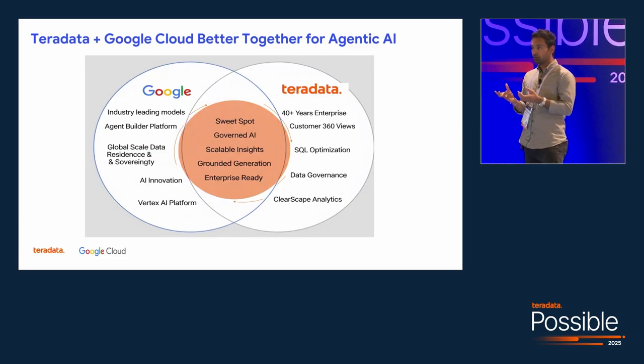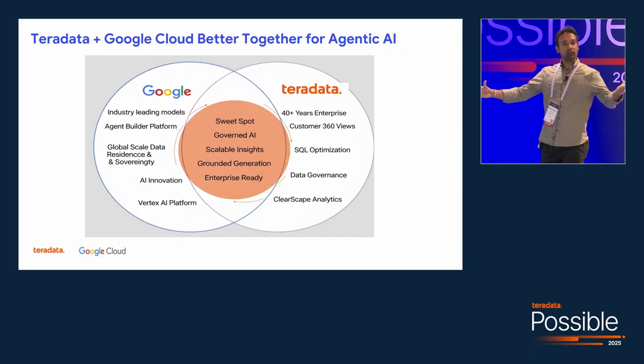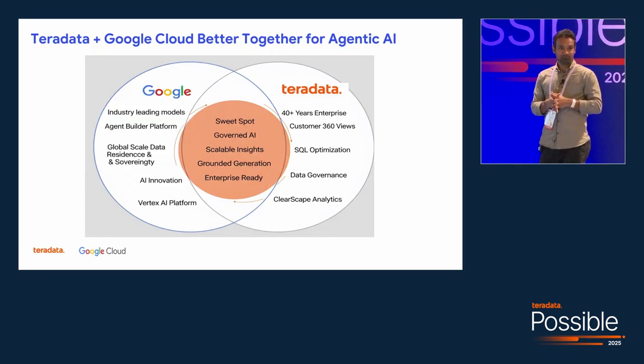That's the moat. And we are not just talking about one persona, but how we do this at scale across your enterprise, which is production ready. That is what Teradata and Google are bringing to the table.